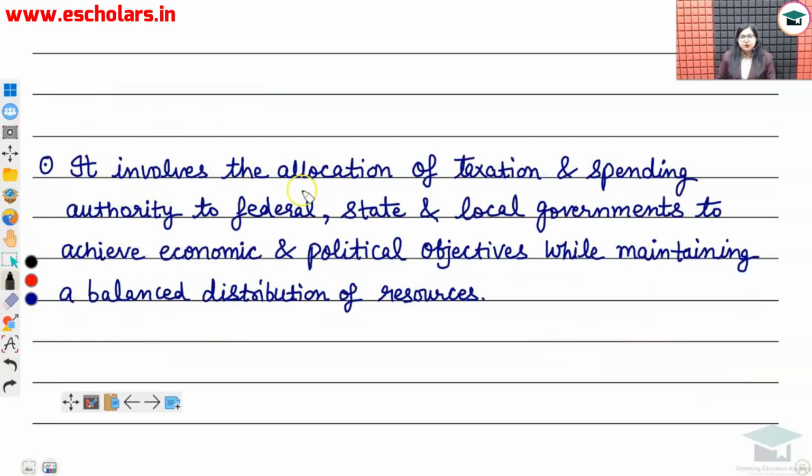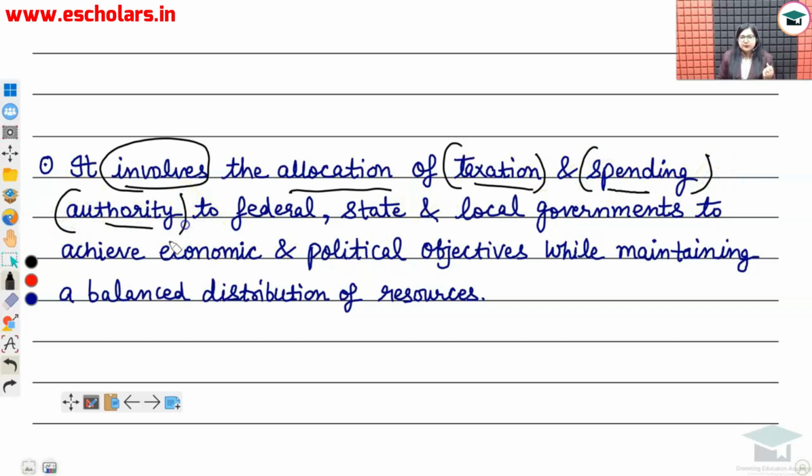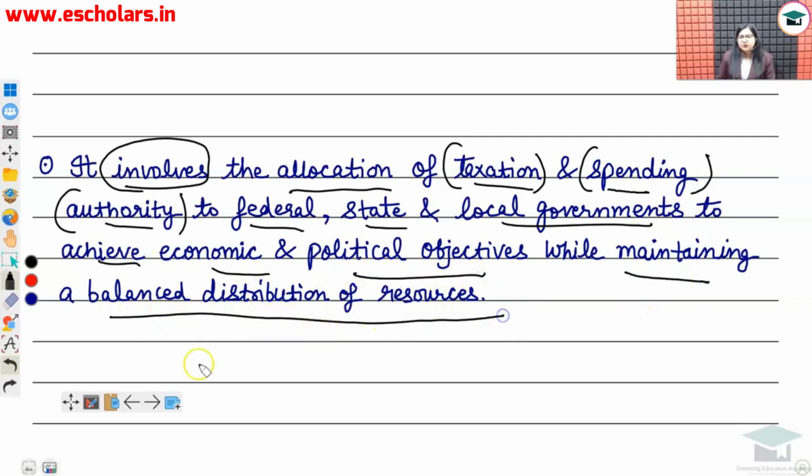Now students, in other words, we can say that fiscal federalism involves the allocation, or you can say distribution, of taxation and spending authority. That is the distribution of the taxation authority, that is the power related to the taxation policy, and the spending authority, that is the expenditure power, to federal, state and local governments to achieve economic and political objectives while maintaining a balanced distribution of resources.